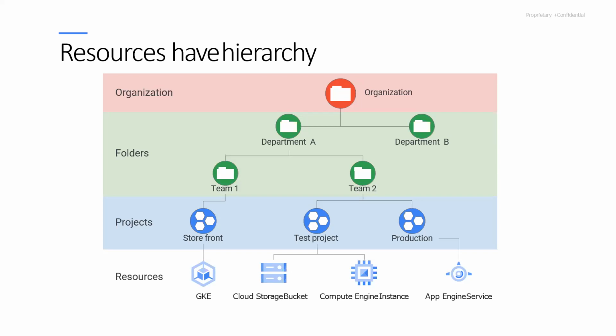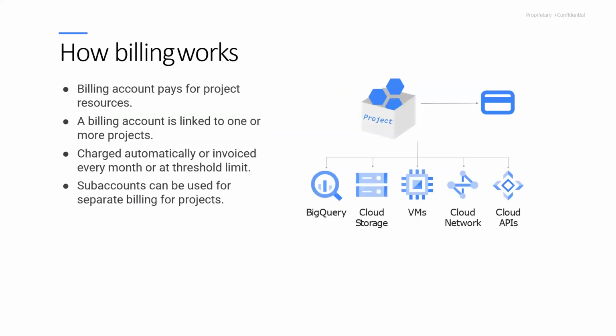Let's talk about the billing part, which is very important for us. In GCP, the billing is done based upon your utilization. Each project is given resources or a project billing account, and the billing is done based upon what you are utilizing. You can also set up a threshold for your project.